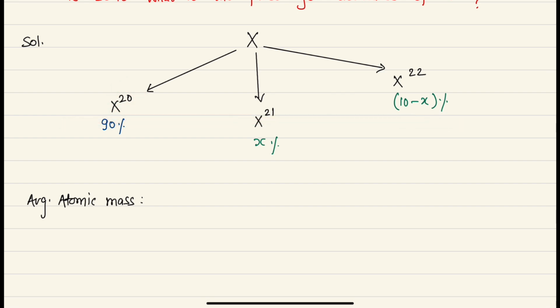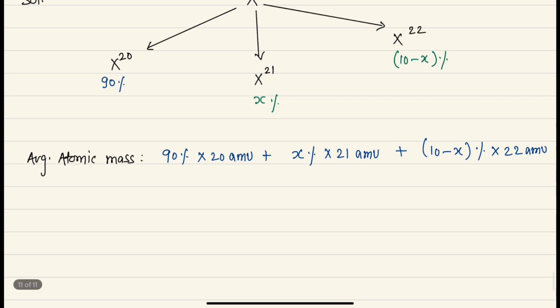Okay, so here X20, the percentage is given, 90, so 90% into 20 AMU plus x percent into 21 AMU plus 10 minus x percent of 22 AMU, right?